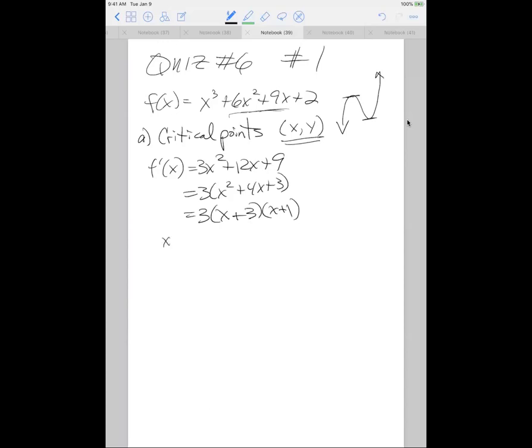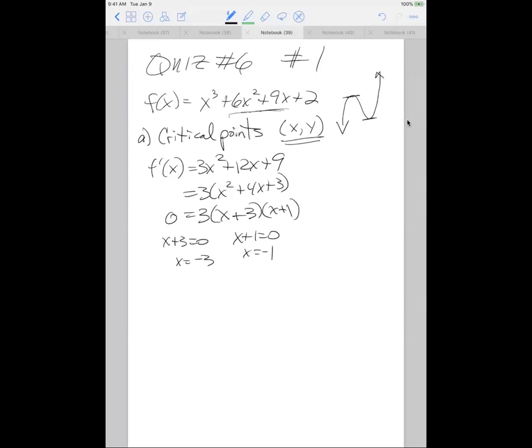Therefore, when we set this equal to 0, x plus 3 equals 0, or x plus 1 equals 0. That means x equals minus 3 or x equals minus 1. Those are the x values for the critical points.